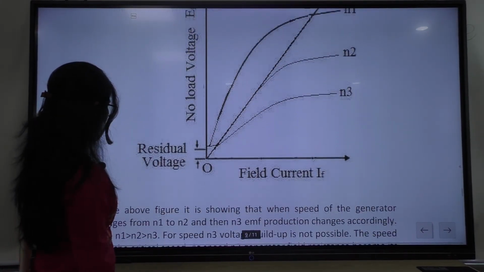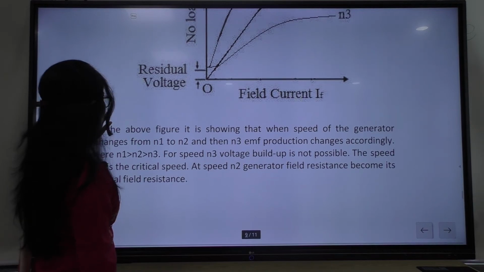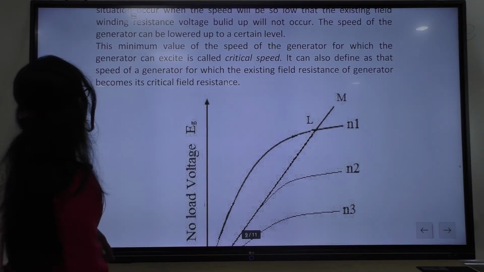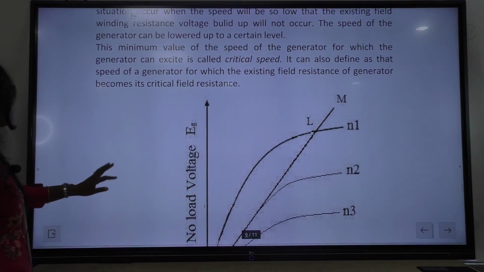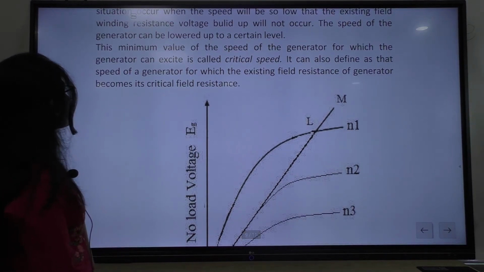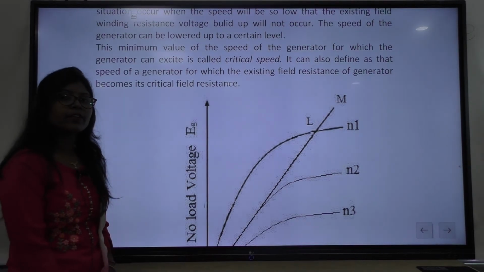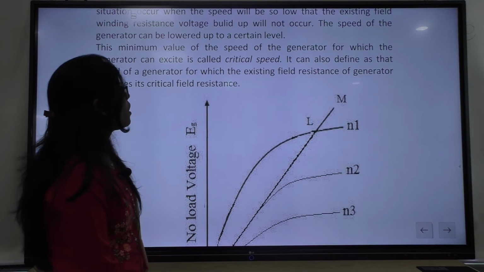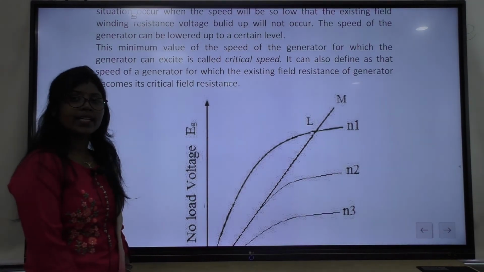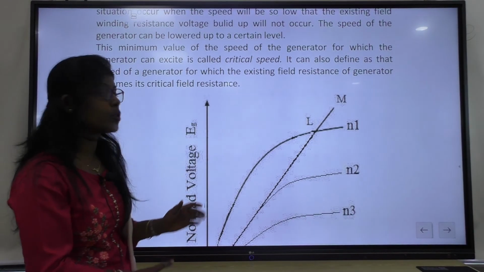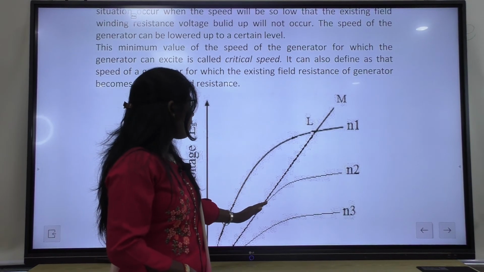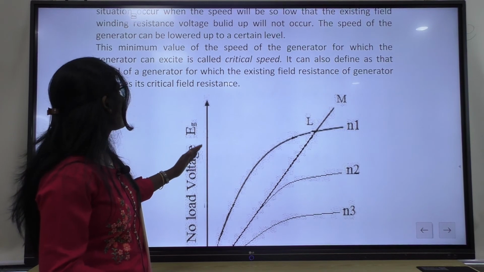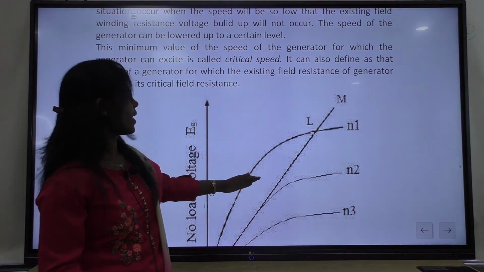So, this is the critical speed. What is critical speed? Critical speed can be defined as the minimum value of the speed of a generator for which the generator can excite. This is the minimum speed of the generator at which the generator can build up its voltage, or you can say at which the generator can excite.